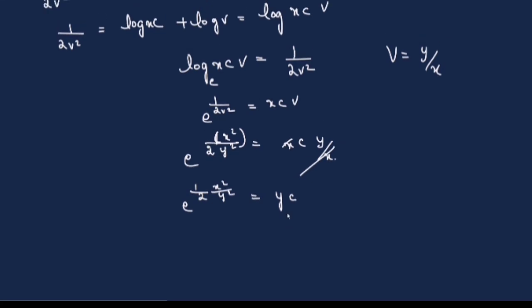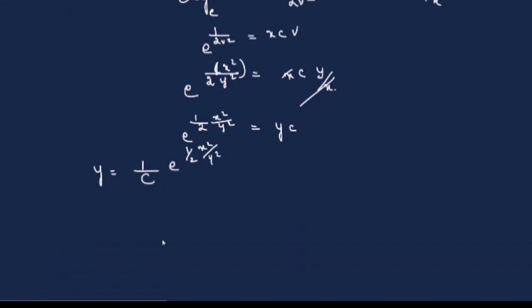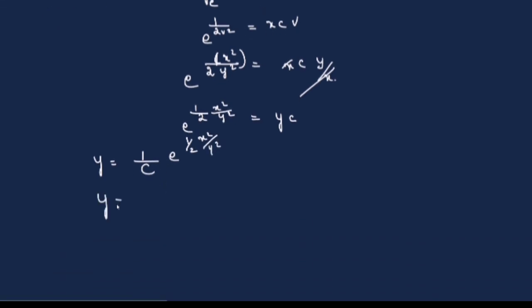So that is y is equal to, you can bring the c down, 1 by c e power half x square by y square. So 1 by c is a constant, you can write as y is some constant k, e power x square by 2y square.